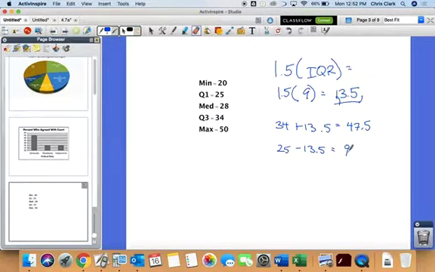That gives you a range of values, and if you have a value that's outside of that range, you have an outlier. So if we have anything above 47.5 or below 11.5, you have an outlier. So our maximum value is a 50, so we know we at least have one outlier.